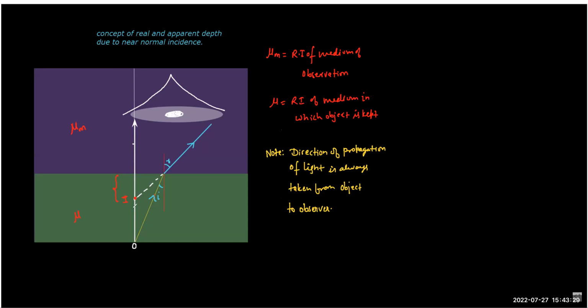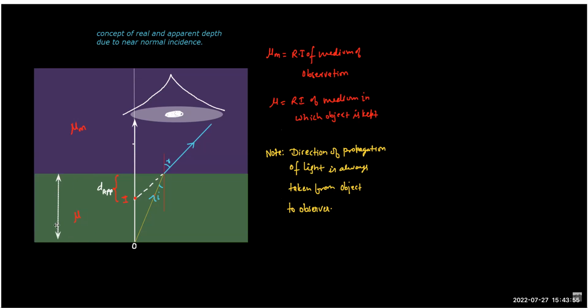We always take the interface as the reference, and this we call the apparent position of the object. It doesn't look nice. Change the color. This is called the apparent position of the object, or the image location from the interface.